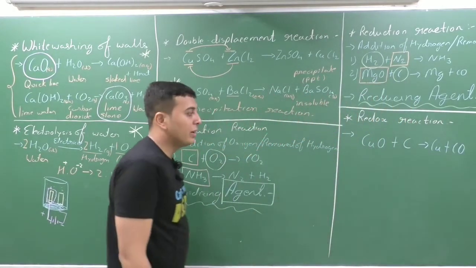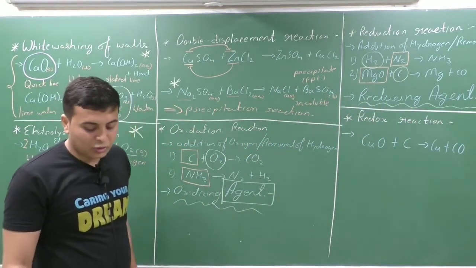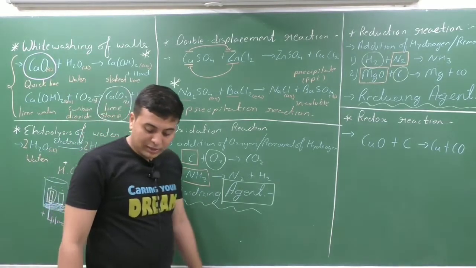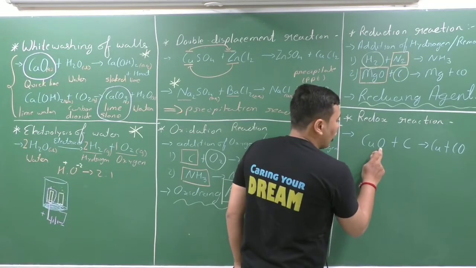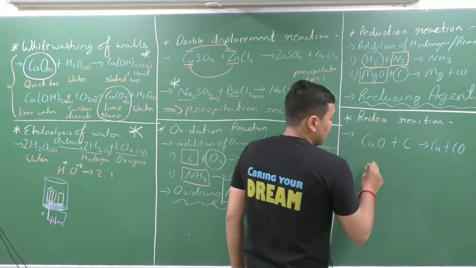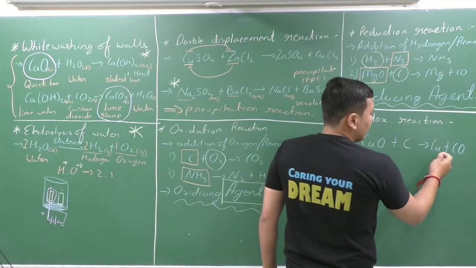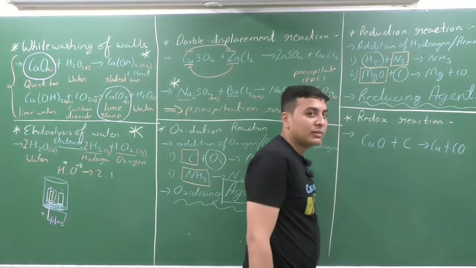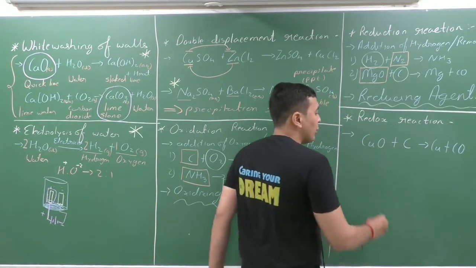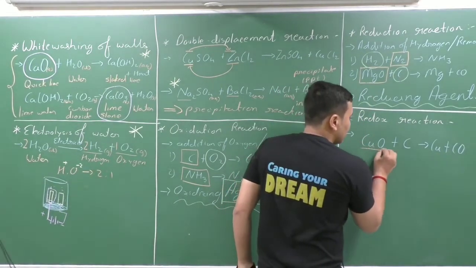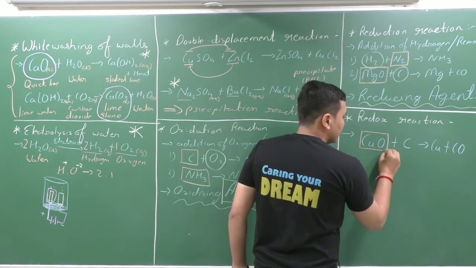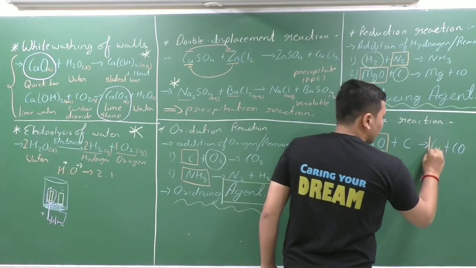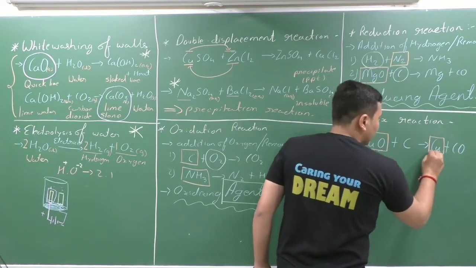See, here there is oxygen with the copper, and on the other side there is only copper. So oxygen has been removed from copper oxide and it is converted into copper.